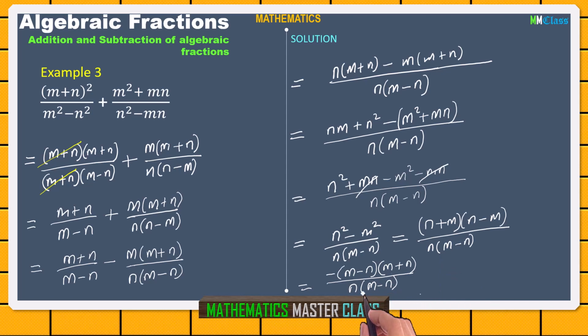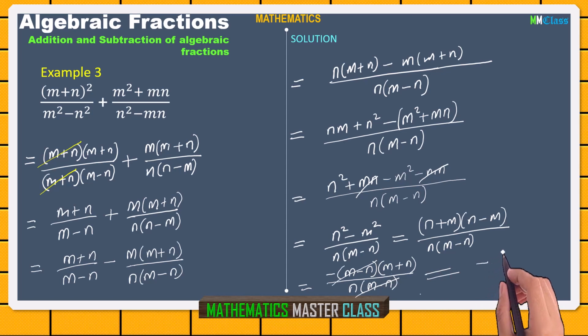So this now can cancel out this because they are now the same. So our final answer, therefore, will be minus (m plus n) all over n. Thank you and God bless you.